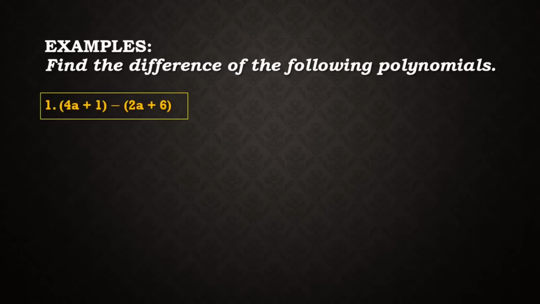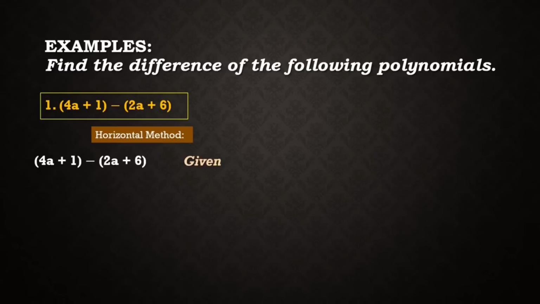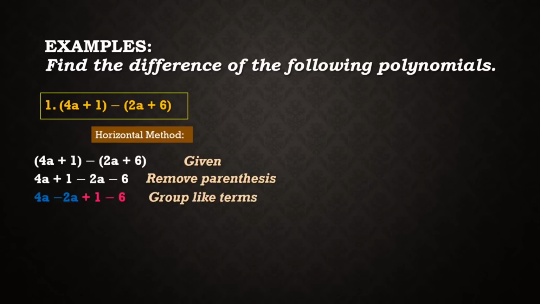Example 1, we are going to subtract the quantity 4a plus 1 minus the quantity 2a plus 6. So again, let us look at the two methods. For horizontal method, we write the given. For step 2, we remove the parentheses. Then for step 3, we group like terms.